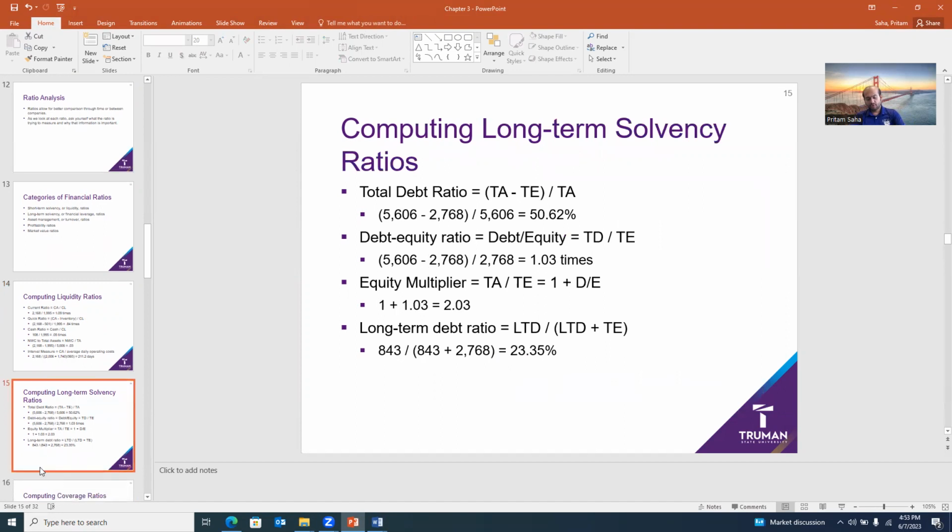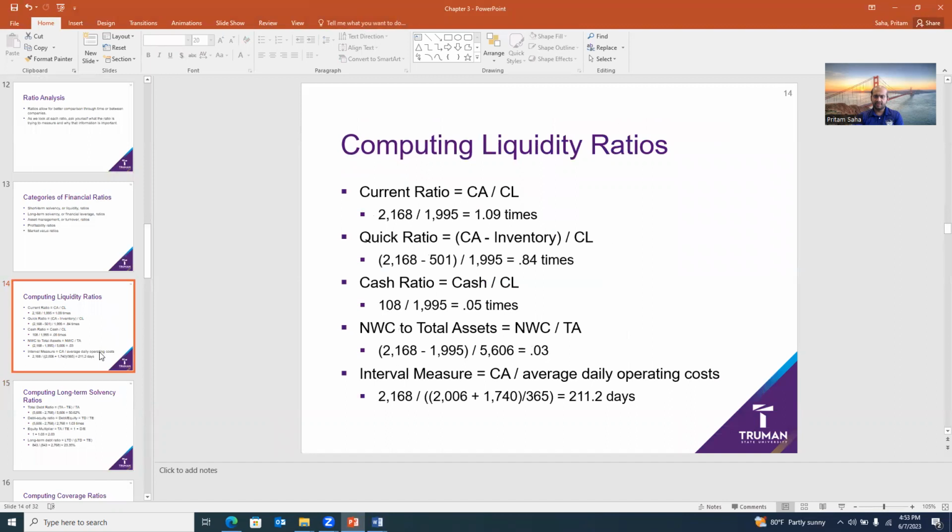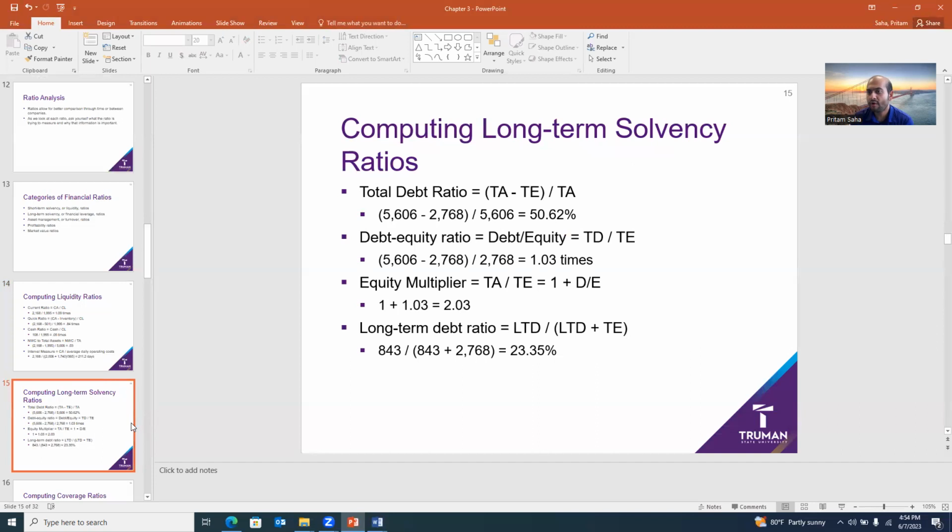Now, long-term solvency ratios, so we can think about debt ratios. The long-term solvency ratio is basically the other side of this. The liquidity ratio tells you how strong you are in paying short-term liabilities, while this tells you how strong you are in paying your long-term liabilities.